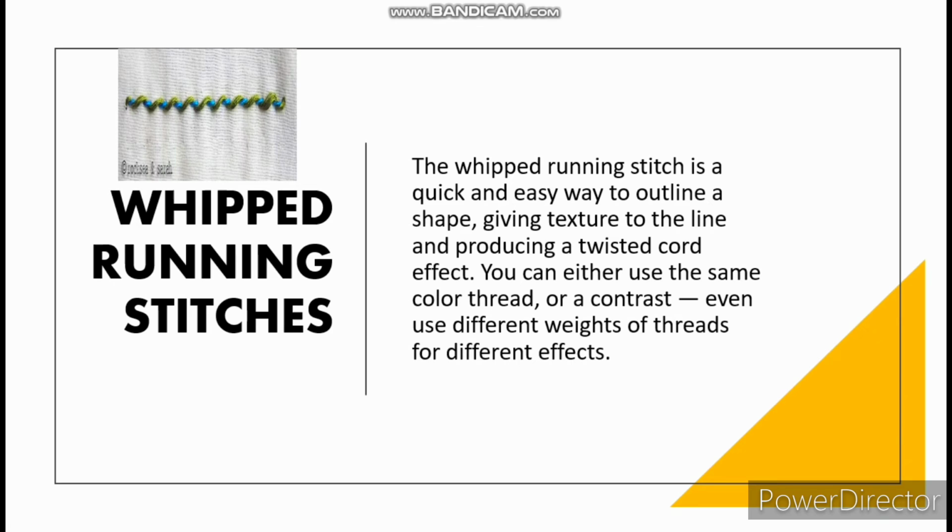You can either use the same colored thread or a contrast, even use different weights of thread for different effects. That is, you can make use of a different color of thread, or you can use the same color of thread for a different effect. That is the outcome by the time you are through with the stitches.